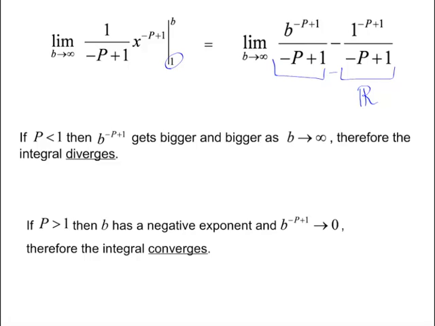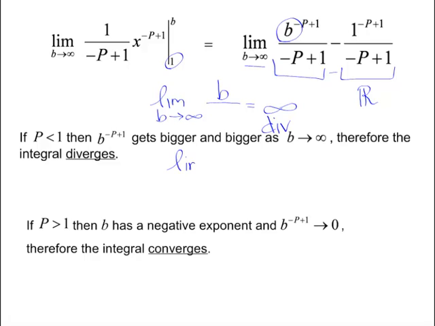The first term is the term that taking b to infinity is going to affect. And it turns out that inside this limit, as b approaches infinity, if b winds up in the numerator of that fraction based on the value of p, then when we take b to infinity, that area will diverge.